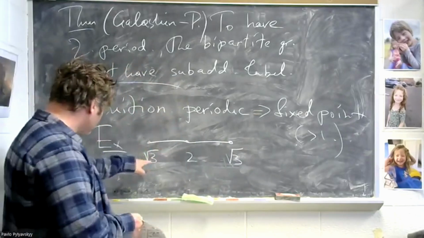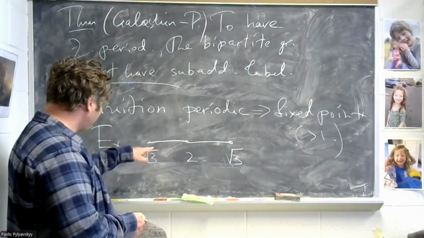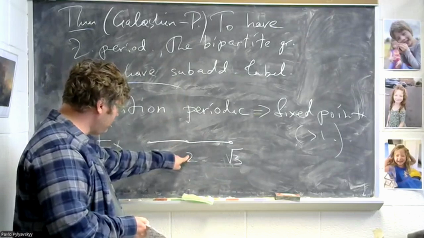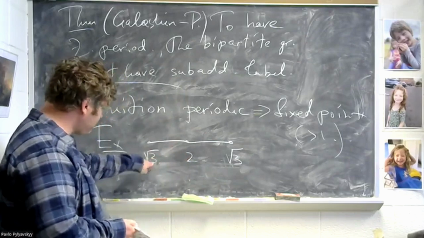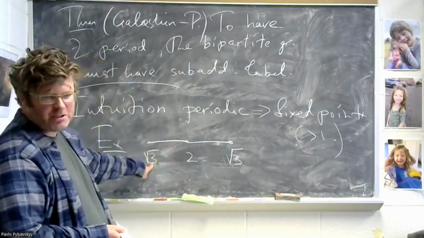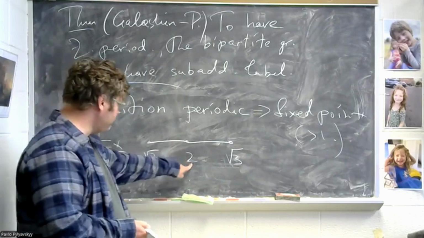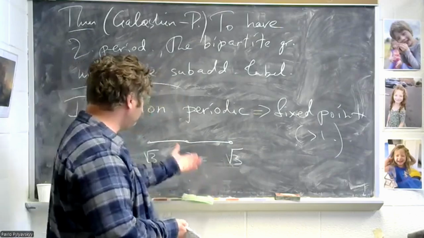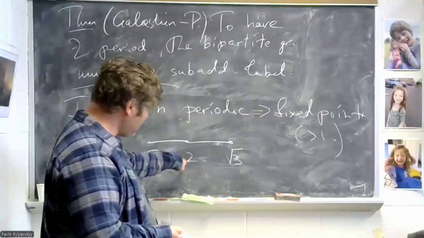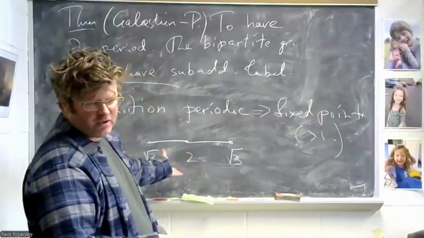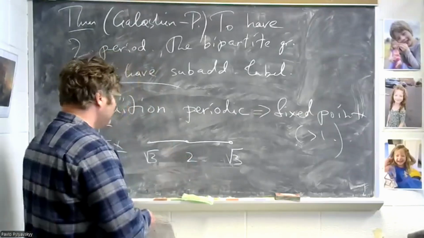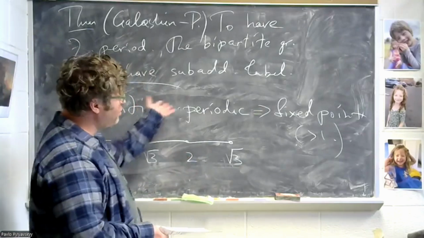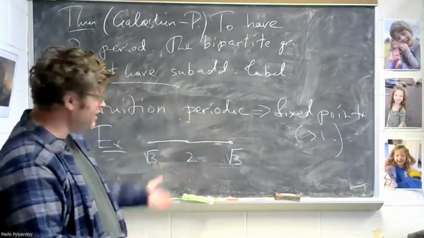Let's check it. Product of neighbors plus 1 is 3, divided by this guy is this guy himself. Everybody can see it? Okay, let's try this guy. Product of neighbors 3 plus 1, 4, divided by this guy is this guy himself. So this is a fixed point.